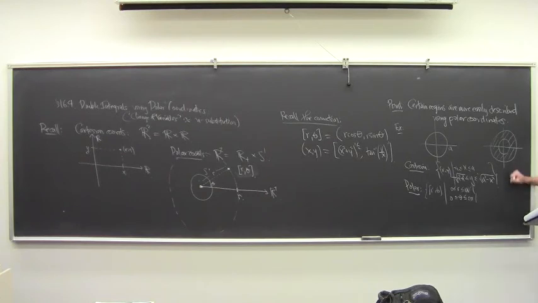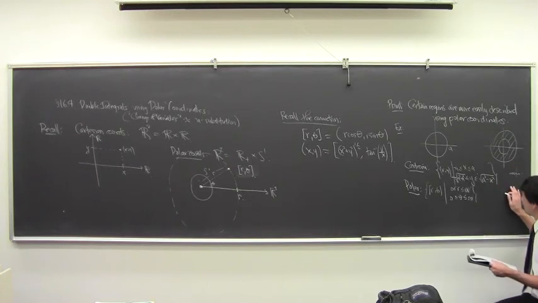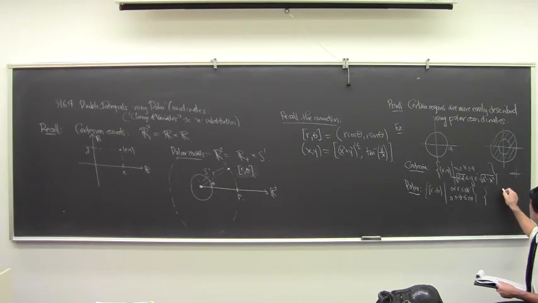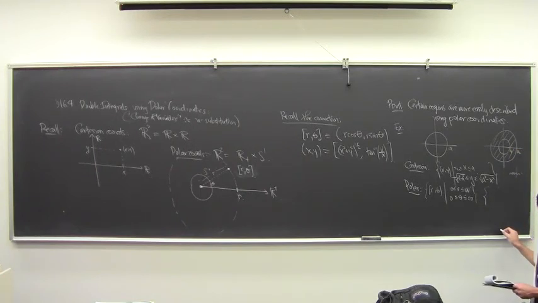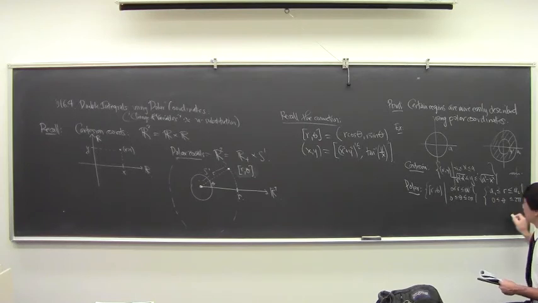I'm going to put a grumble here. But in polar, what is it? Let's say that this is a1 and a2. Then r goes from a1 to a2, and theta goes from 0 to 2 pi. So again, it's just a rectangle. The analog of an annulus is just the analog of a rectangle.